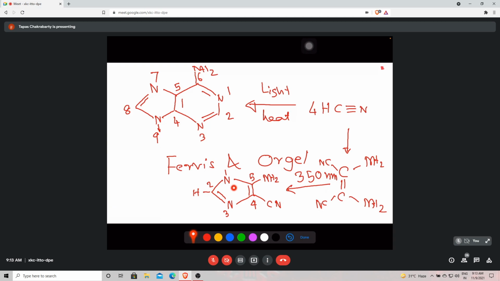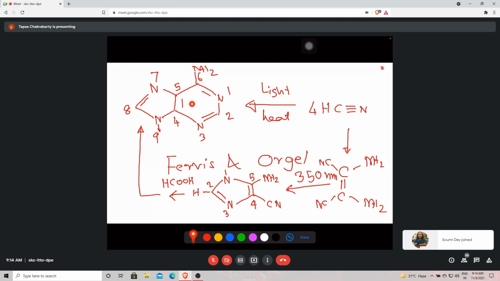And if you take this molecule and make a treatment with some simple acid, like formic acid, then from there, adenine is very easily obtained in the laboratory. Now see what they observed: initially the finding was that hydrogen cyanide polymerizes with extremely low yield in the presence of light to adenine.